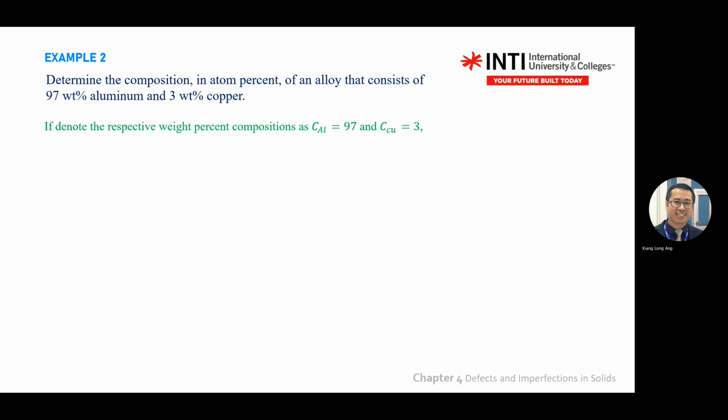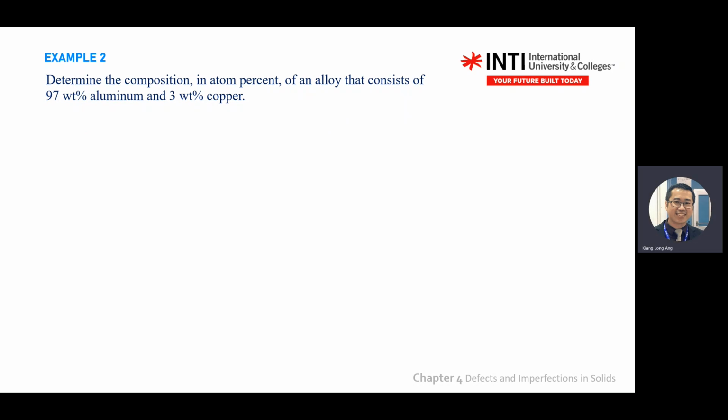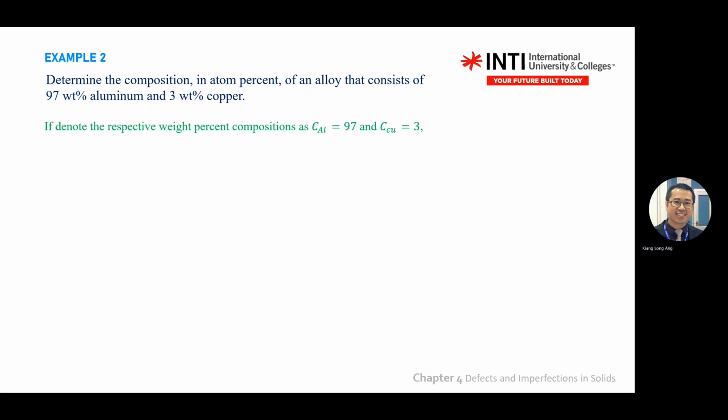So you are given composition in weight percent. Determine the composition in atom percent of an alloy consisting of aluminum and copper. You are given 97% of aluminum and 3% of copper. So you just apply the equation.